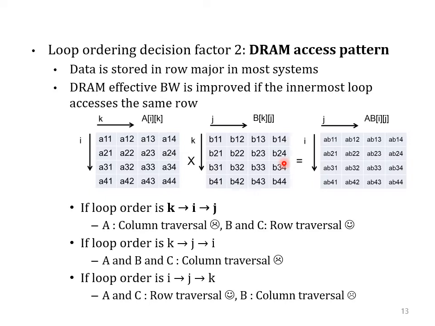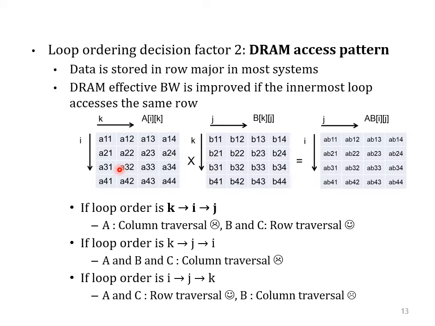But for A, we're going to access J, same one, and then we're going to the next I, which is this direction, right? And then we go to the next K, which is the next column, and the next column. So all the accesses are going to be in the column direction, and this is bad for DRAM bandwidth.